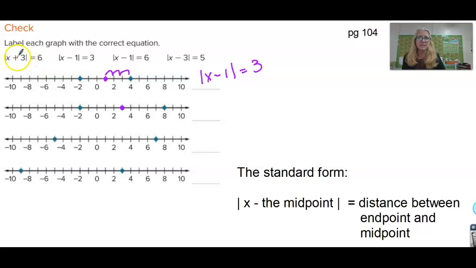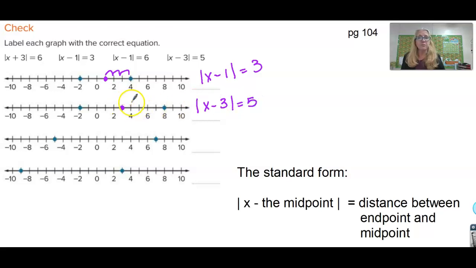How did this one get to be positive? I'll tell you, because this 3 was negative, and it was x minus negative 3, which made it x plus 3. So this one has a midpoint of -3, and this one has a midpoint of +3. Which is this? This is +3. So I can tell you right off, this one's got to be our winner chicken dinner. All right, x minus 3 equals 5.